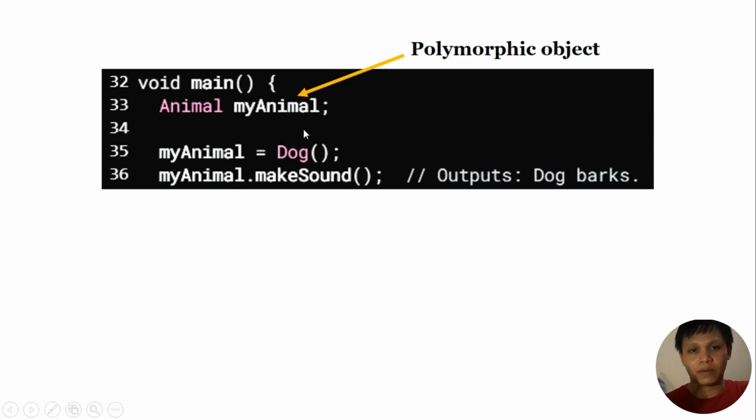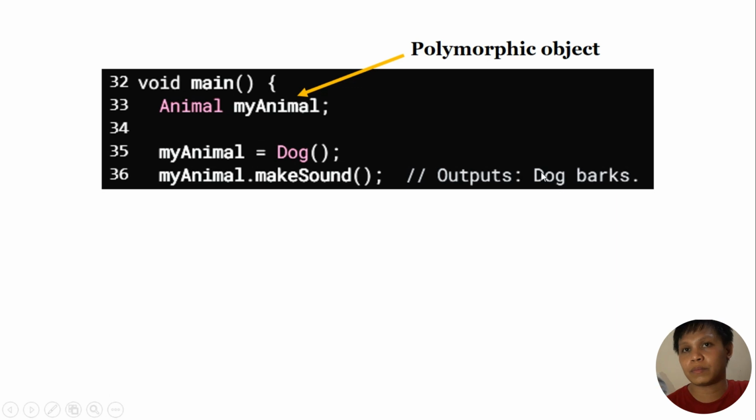And you know from our previous video that whenever we call a constructor, we are creating an object, and in this case, the object we create comes from the Dog class. So technically, myAnimal is now taking on its current form, which is Dog. Once we go to line 36 and call the makeSound method of myAnimal, the output is Dog barks.